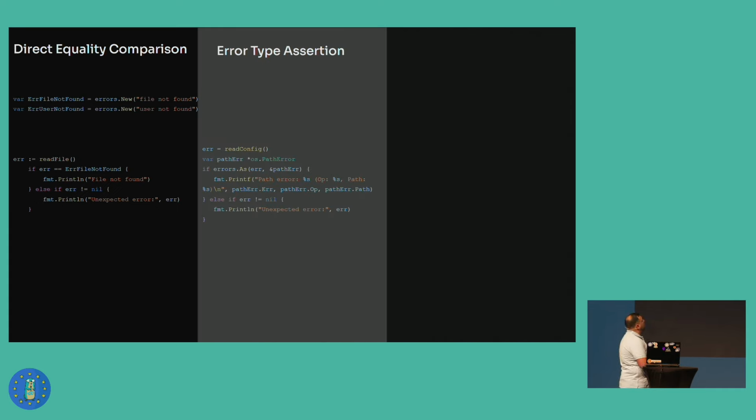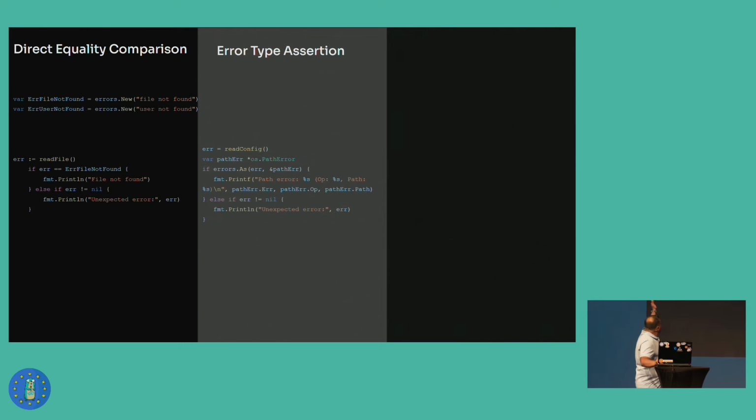Also, Go provides two assertions with types, where you can find and compare the error type after you are wrapping it for handling specific error types.